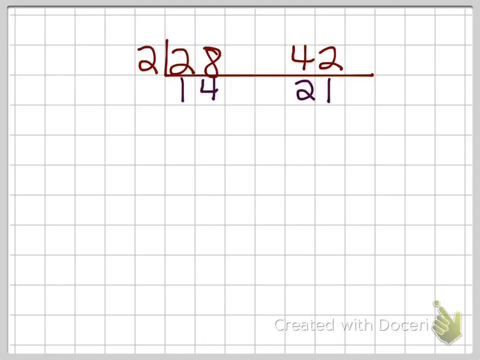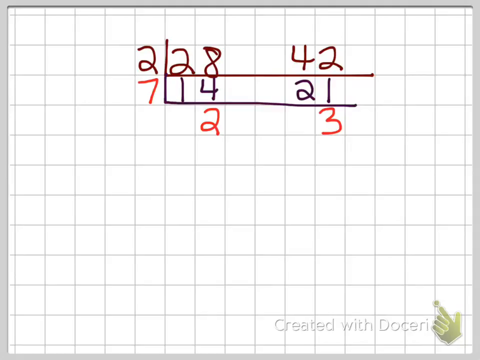Now, this is one of those instances where you can use a number larger than 2 and 3 because it's kind of easy to see that a common factor would be 7. 14 divided by 7, of course, is 2. 21 divided by 7 is 3.